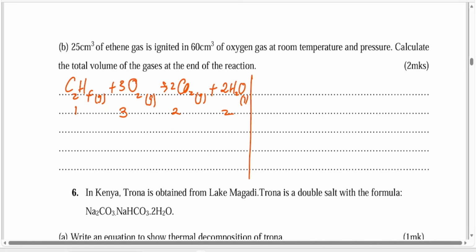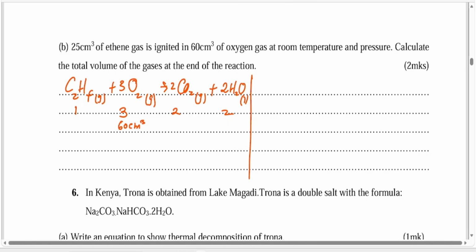We are told that 25 cubic centimeters of ethene gas is ignited in 60 cubic centimeters of oxygen gas at room temperature. So 60 cubic centimeters of oxygen were used.